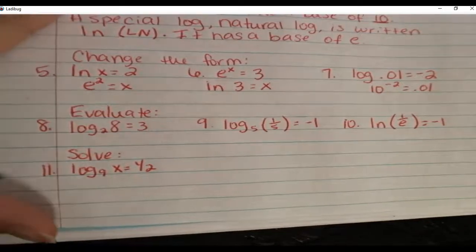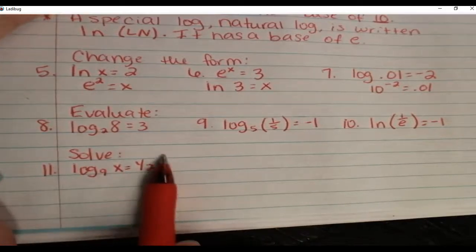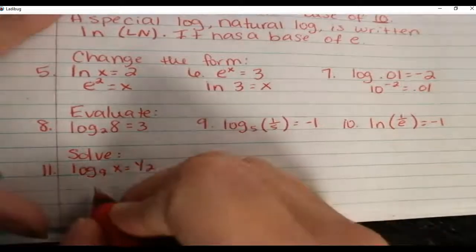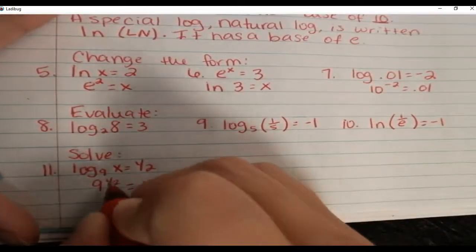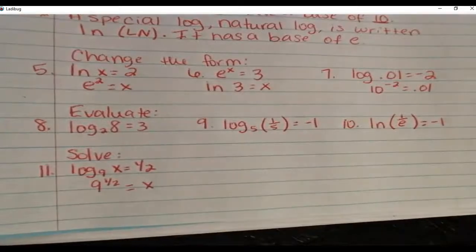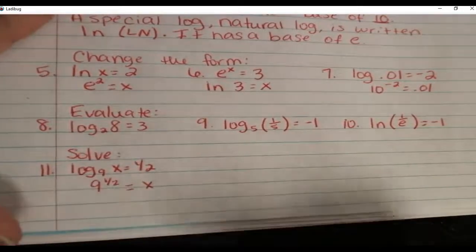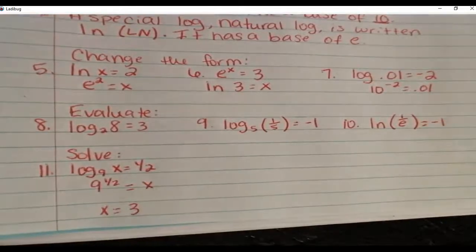To do that, we have to change it to exponential form. So what would this be in exponential form? Good. 9 to the 1/2 equals x. Well, now x is by itself. So what's 9 to the 1/2 power? 3. Perfect. So change your form, solve it out.